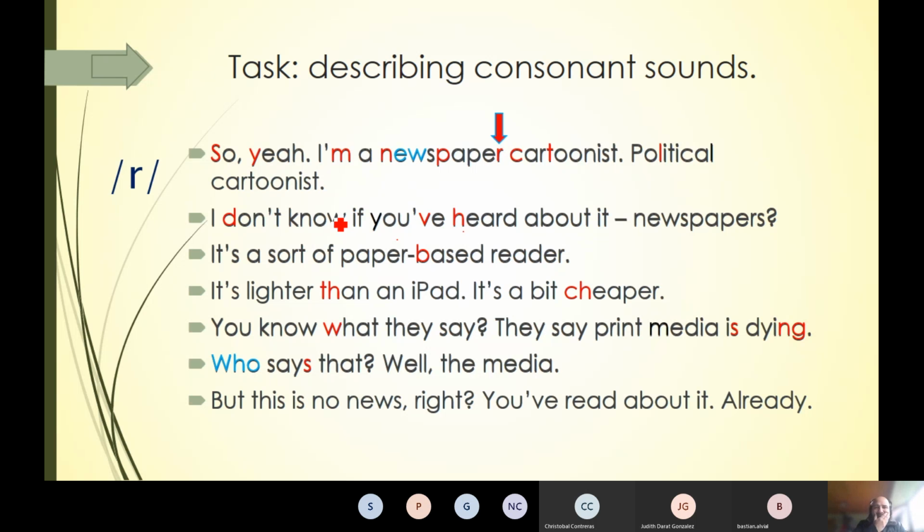And l is voiced and alveolar, right? I'm not going to analyze this one because I already analyzed it before. The following is k, which is voiceless, right? It is velar, and it is a plosive sound.